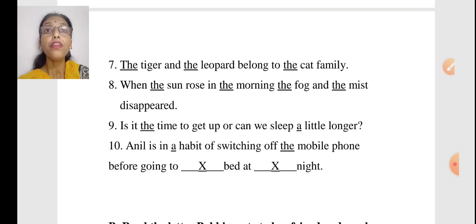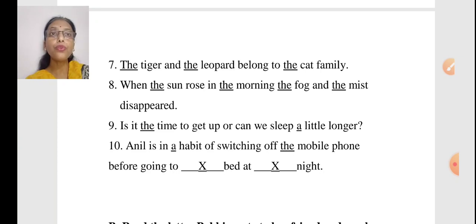Now the tiger means I'm talking about a particular animal, tiger, and all the tigers together. So if I say the tiger, it is representing all the tigers. The leopard, it is representing all the leopards. It is talking about a particular kind, the tiger and the leopard.